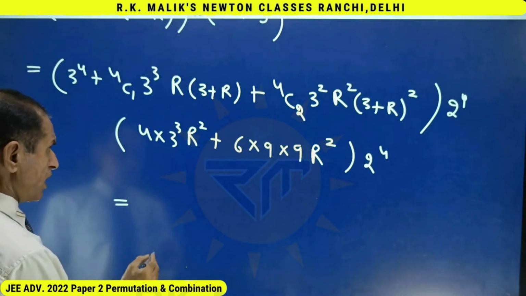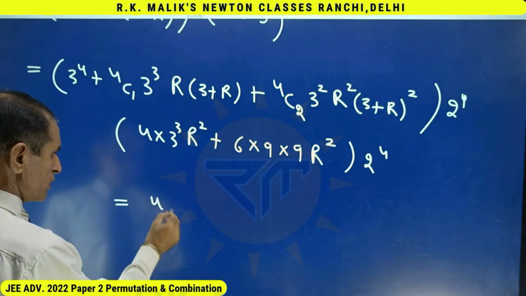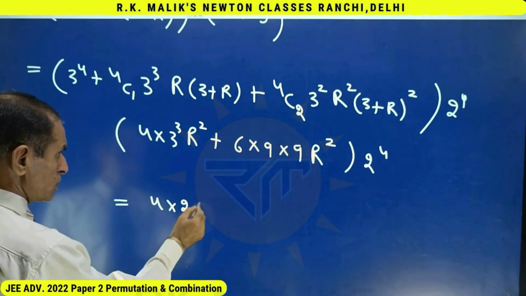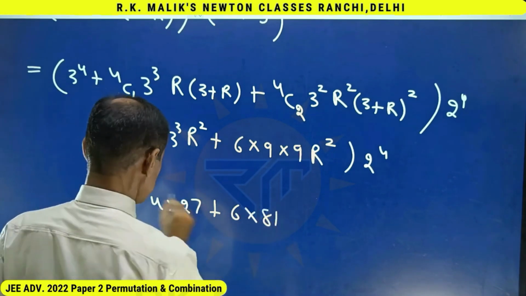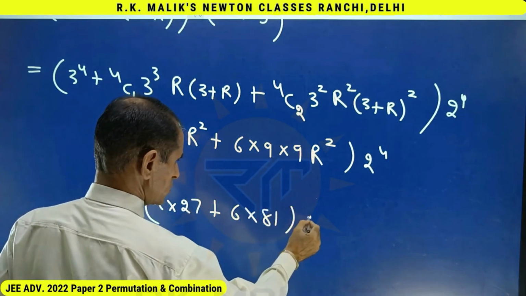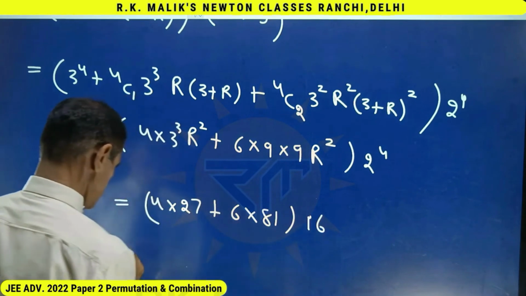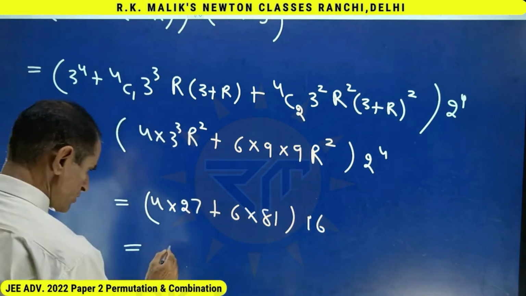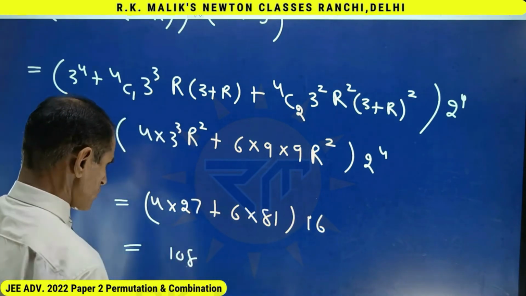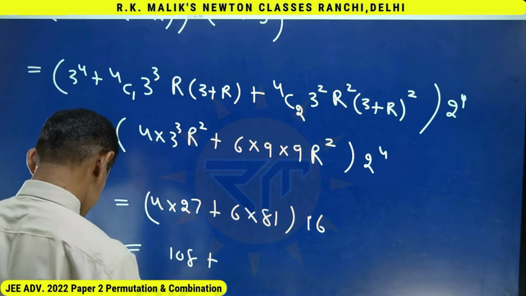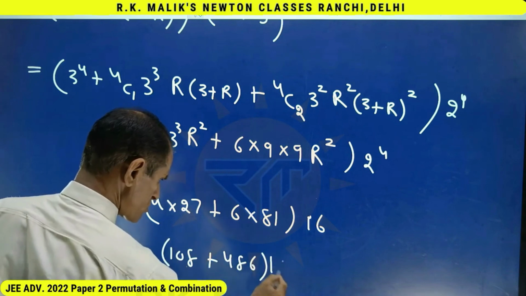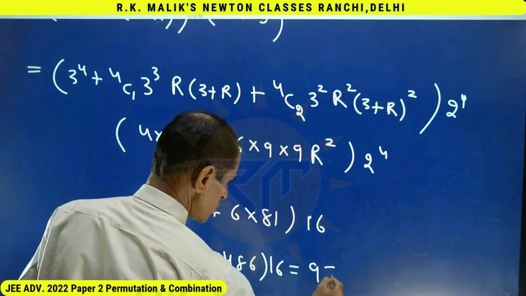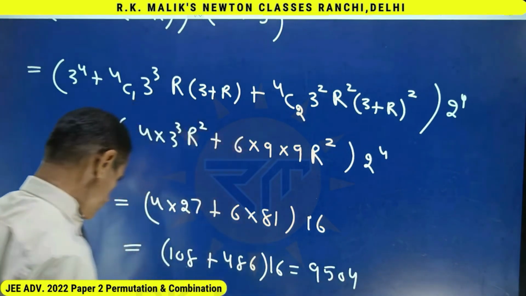That is the coefficient of r square will be 4 into 27 plus 6 into 81 and outside 16, that is 9504.